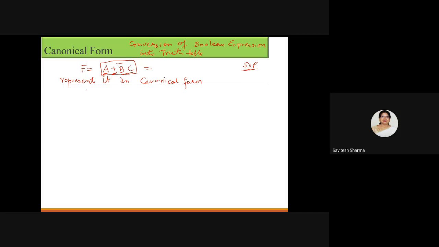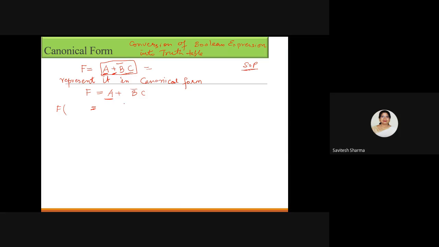So I am taking this example. You will first identify the form. It is easy to write a SOP form because all terms are combined with the plus operator. So you will see each term at a time. First you will see how many variables are there.